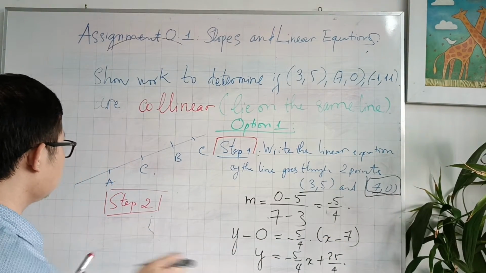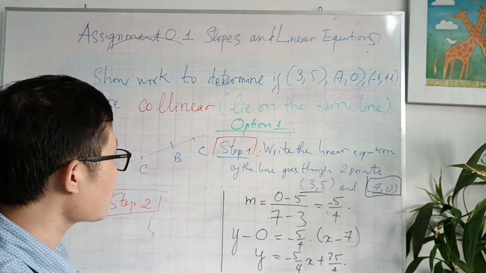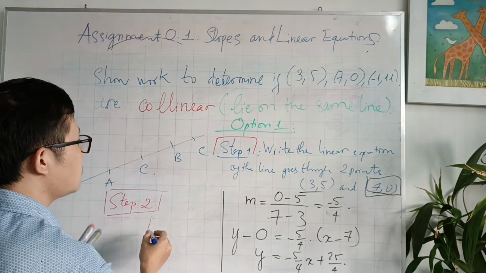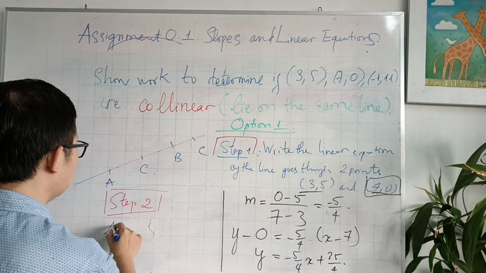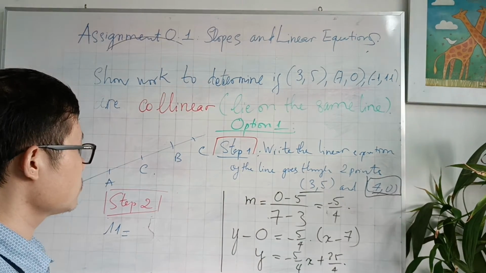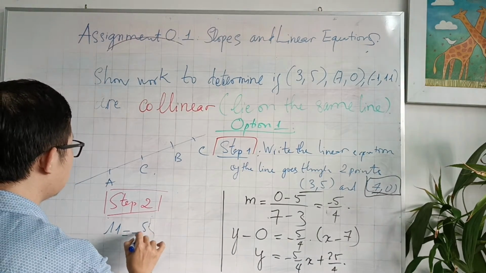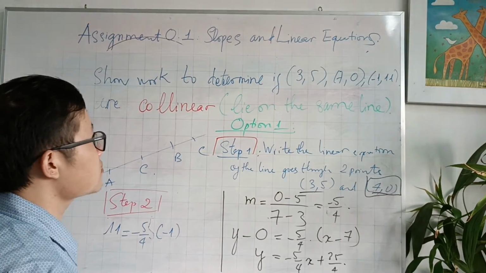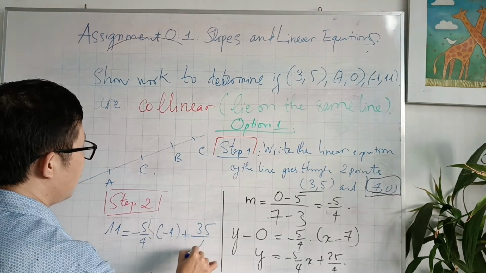So we have 11 equals negative 5 over 4 times x, negative 1, plus 35 over 4.